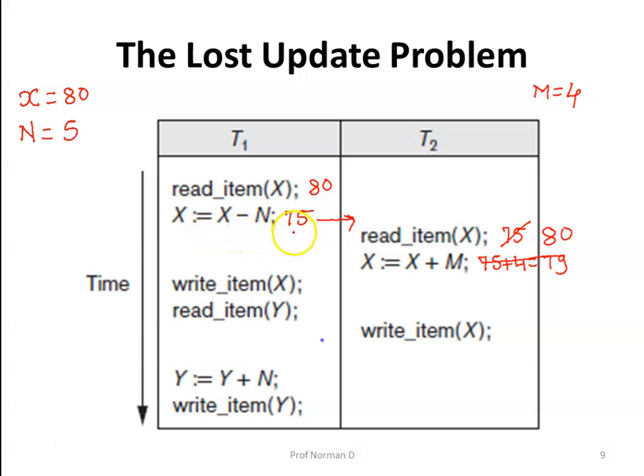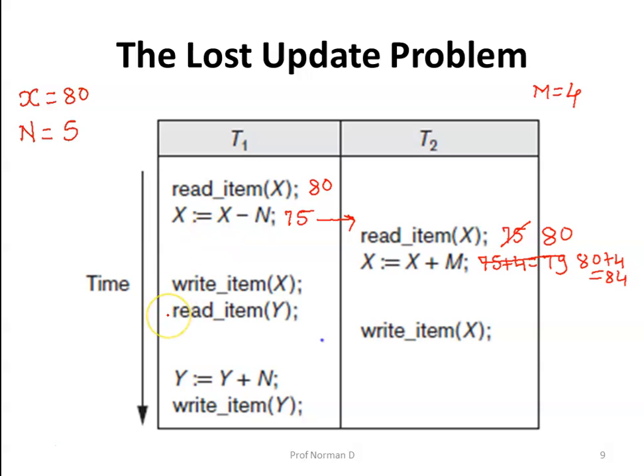But the value of X is just read, an operation is performed, but the value is not written back. So the value of X is not updated to 75. Even though the operation is carried out, the value of X continues to be 80. And when transaction T2 reads the value of X, it reads not 75 but 80. So 80 plus 4 becomes 84.